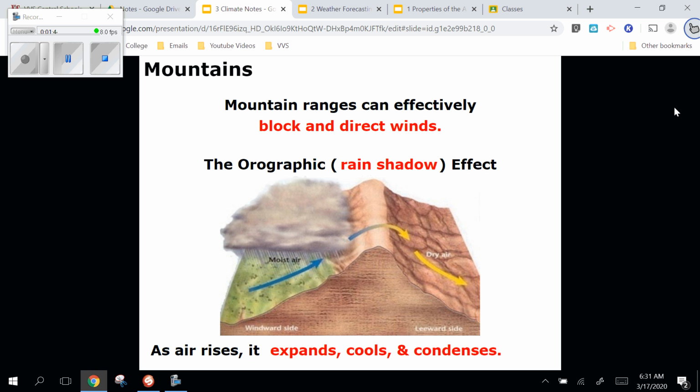On the windward side of the mountain, you're going to get a lot of moisture, a lot of precipitation, greener areas. But on the opposite side, called the leeward, it's going to tend to be drier and warmer. You get a lot more desert-like conditions on the leeward side.